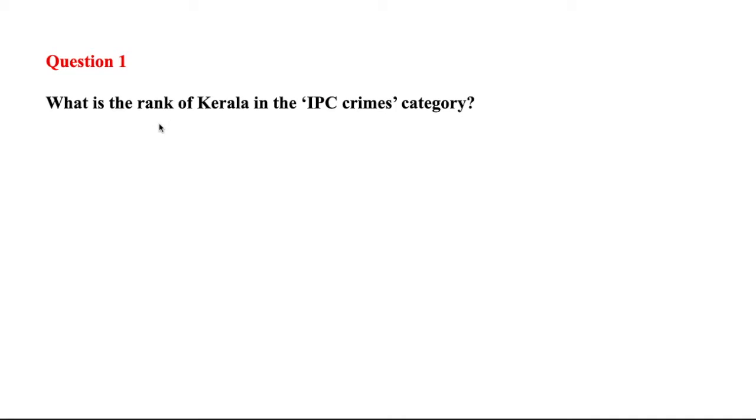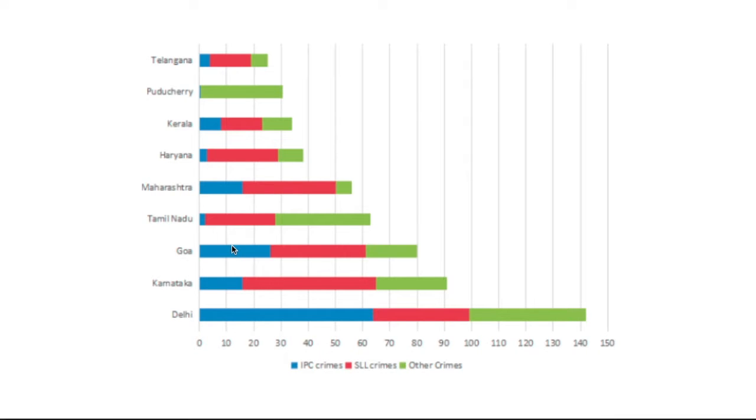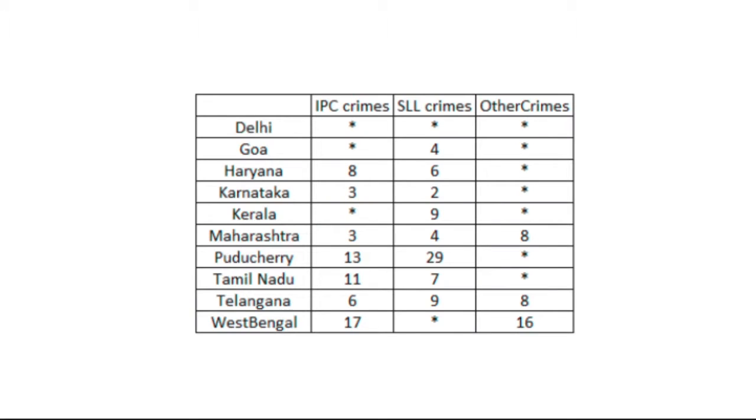Question 1: what is the rank of Kerala in the IPC crimes category? So we are concerned with Kerala and IPC crimes in this question. Let us go to the crime chart. IPC crimes is the blue one. It is clearly evident that Delhi stands at 1. So let us go to the table.